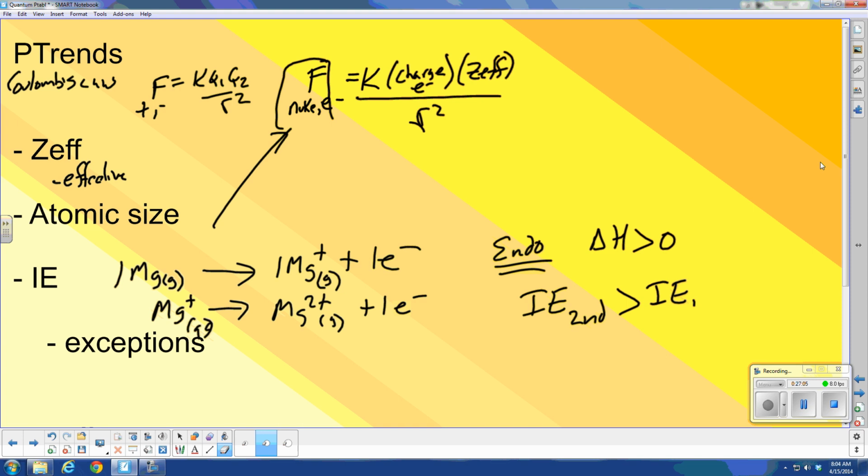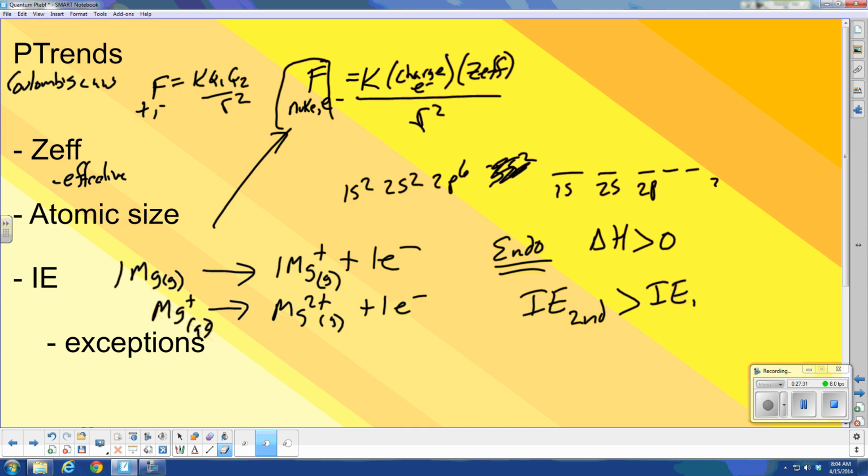So let's write magnesium real quick here. Magnesium is 1s2, 2s2, 2p6, 3s2. I'm going to write this in electron configuration here.